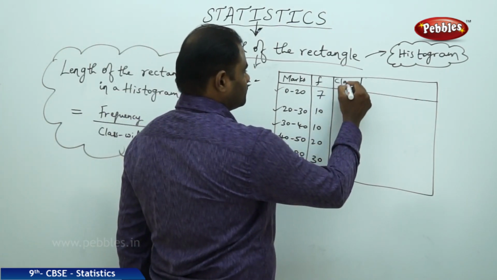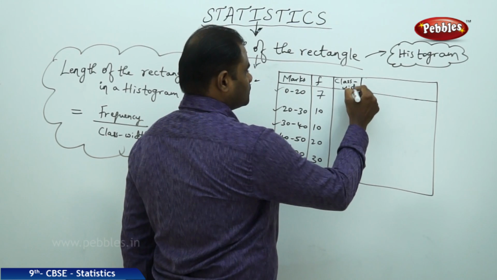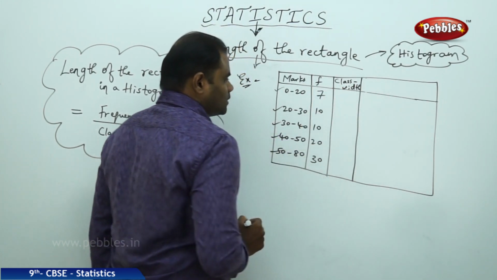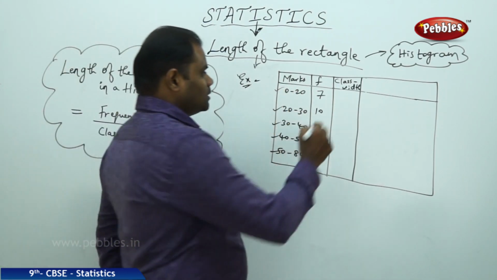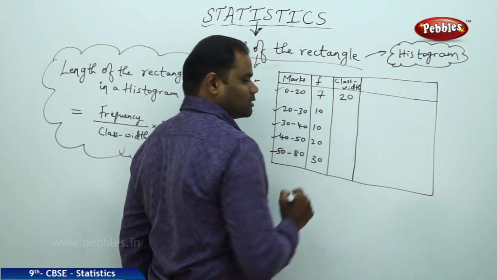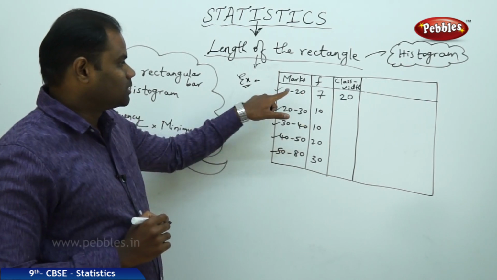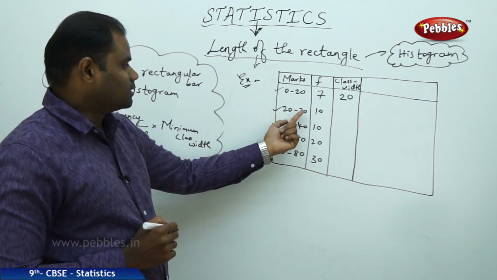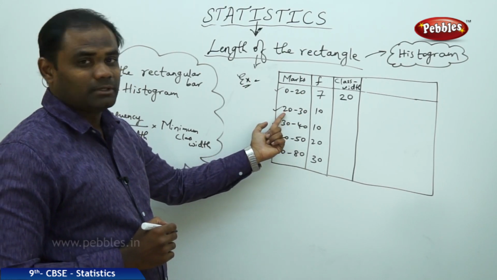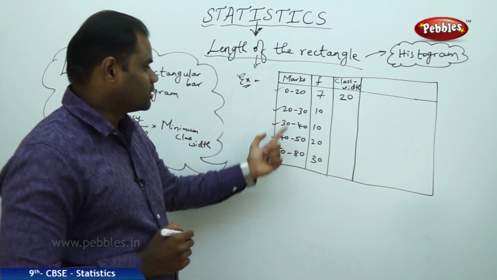So let's see what is the class width and the minimum class width. I clearly see that the class width here is 0 to 20, so the width of the class is 20: upper limit minus lower limit, 20 minus 0 is 20. Here the upper limit is 30 and the lower limit is 20, so 30 minus 20 is 10.